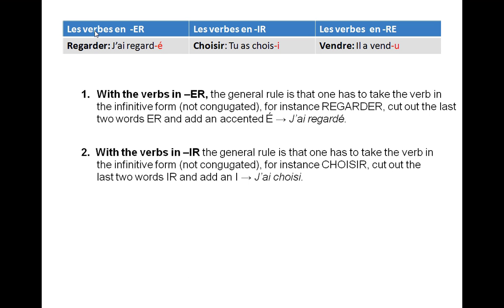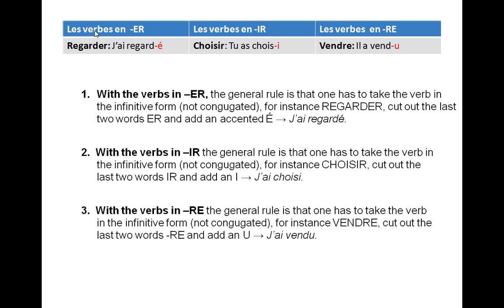For the verbs that end in ir, you basically do the same thing. You pick the verb in infinitive, you cut off the last two letters, and then you add an i at the end. J'ai choisi. Third, the verbs that end in re, now you still have to take the infinitive, cut out re, and then you have to add a u.